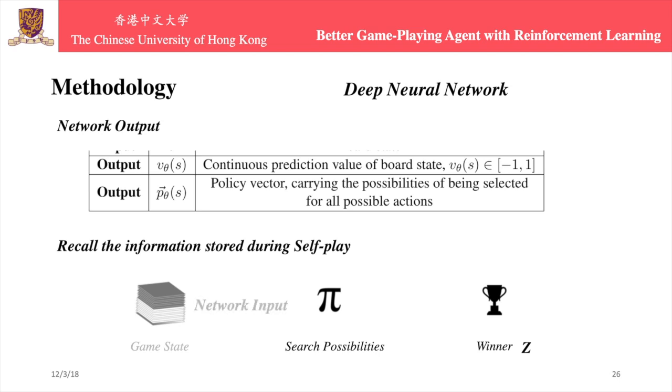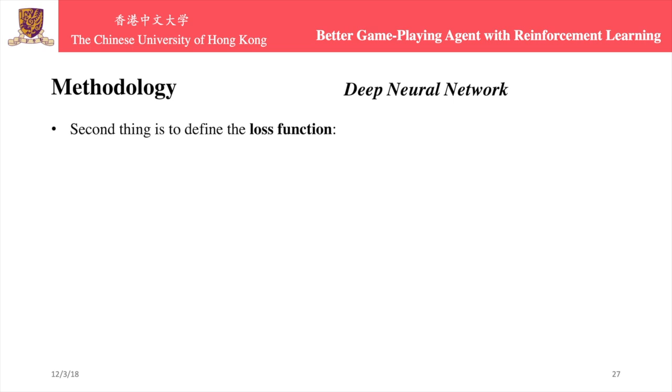The game state is just the same as the neural network input, and the following two parameters correspond to the two outputs of the neural network. In this way we can calculate their difference, then define the loss function. So this is the second thing we have to clarify for a neural network.